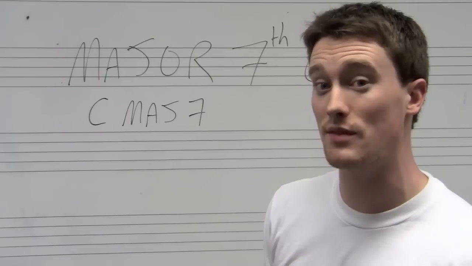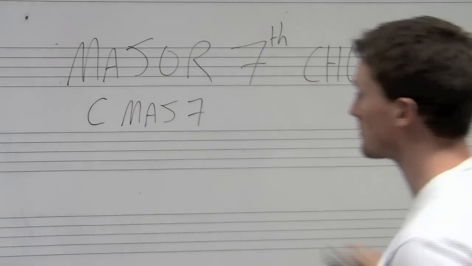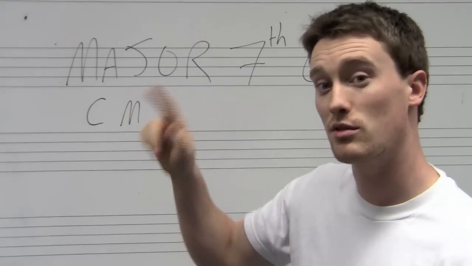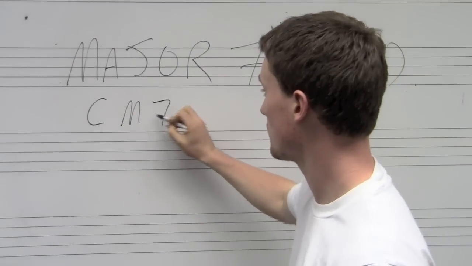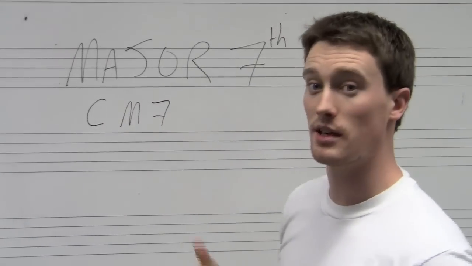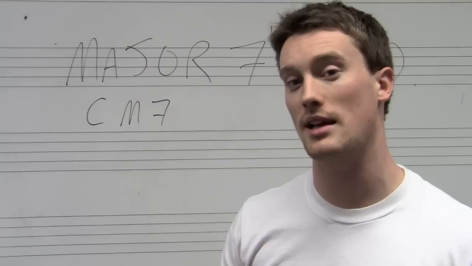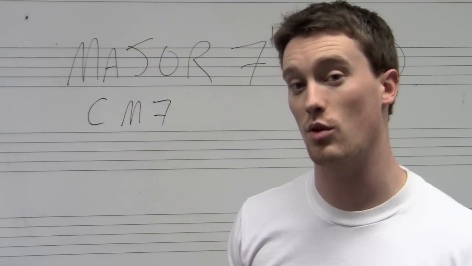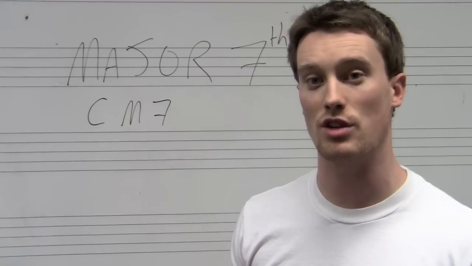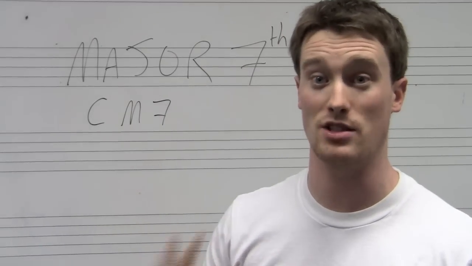But sometimes you even see less than that. Sometimes you only see C, capital M, 7. If it was a little m, it would more indicate a minor 7th chord as opposed to a capital M. But those are the different ways that in general sheet music you're going to see a major 7th.